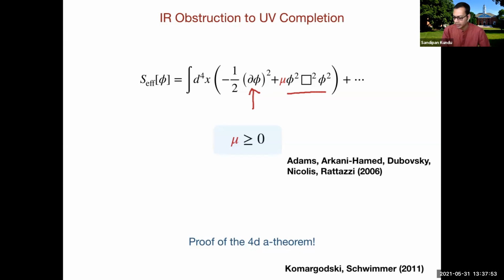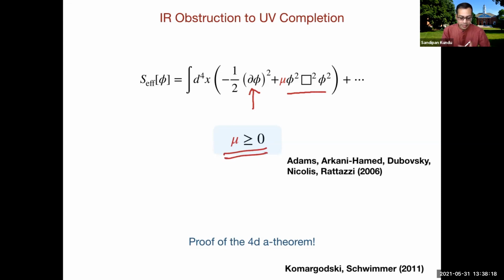So this is basically an effective field theory which is valid up to some cutoff scale. What these authors showed is basically just from some general condition on the scattering amplitude, they showed that this effective field theory can be UV completed only if mu is positive.